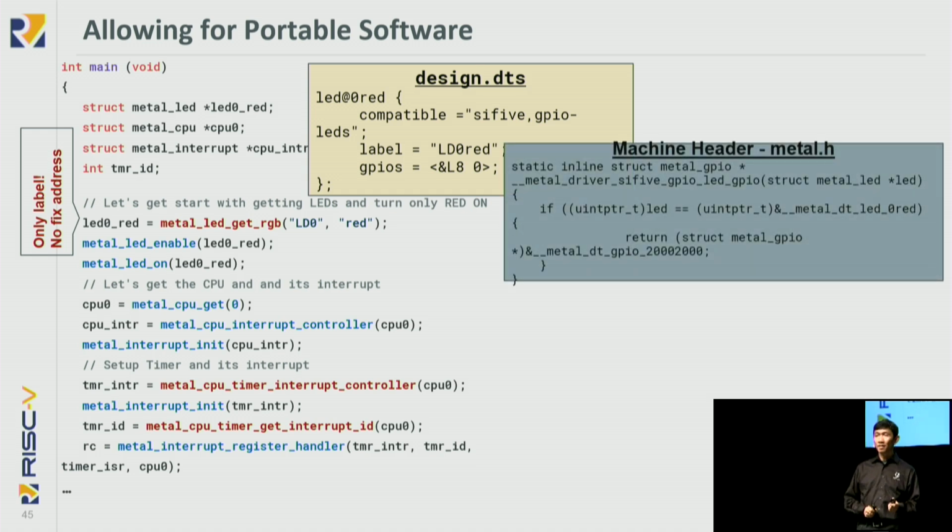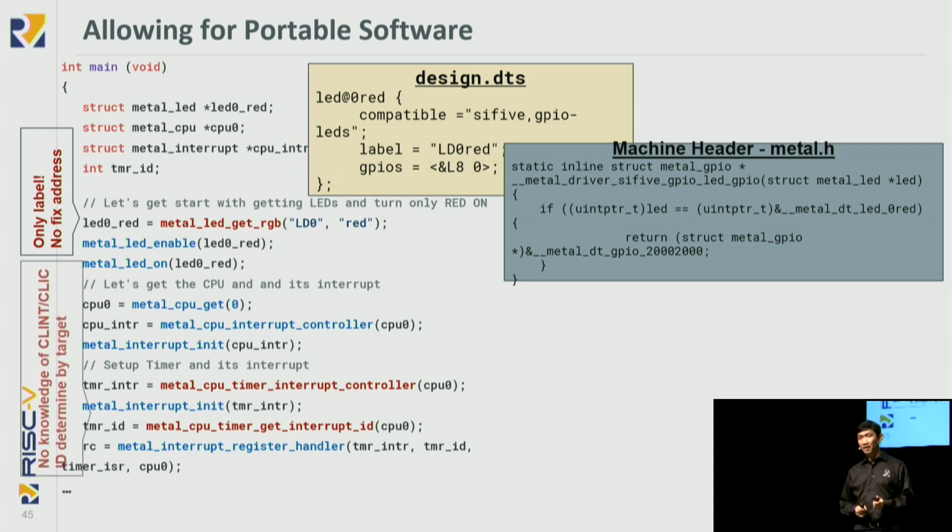Right? So as you can see here, it will make the application very portable. And this is one of the reasons that with Freedom E SDK, you can easily build for multiple targets without changing the actual application itself.